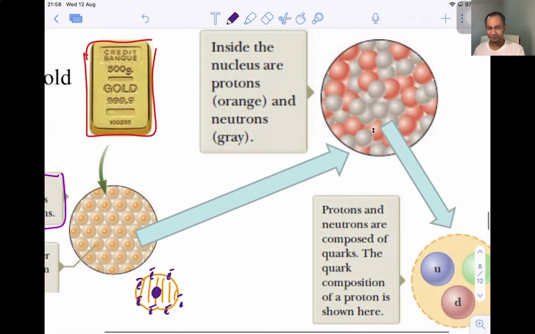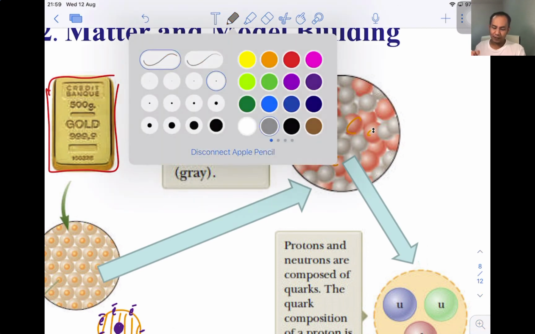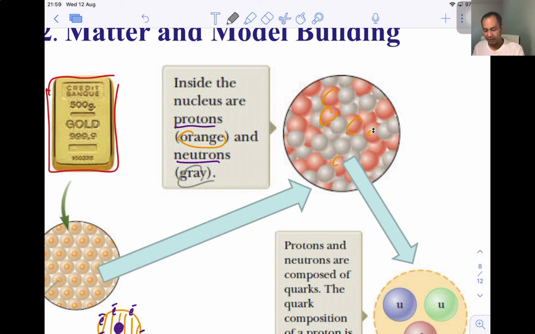If we look at the nucleus of the gold atom, it is composed of protons and neutrons. The protons are the orange ones here, and the gray ones are neutrons.